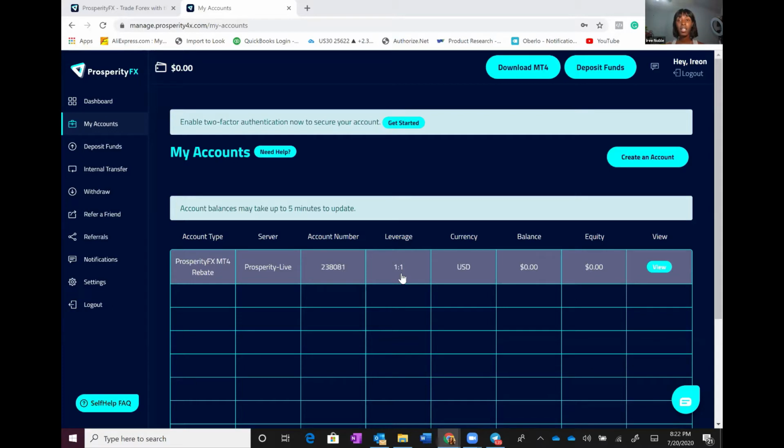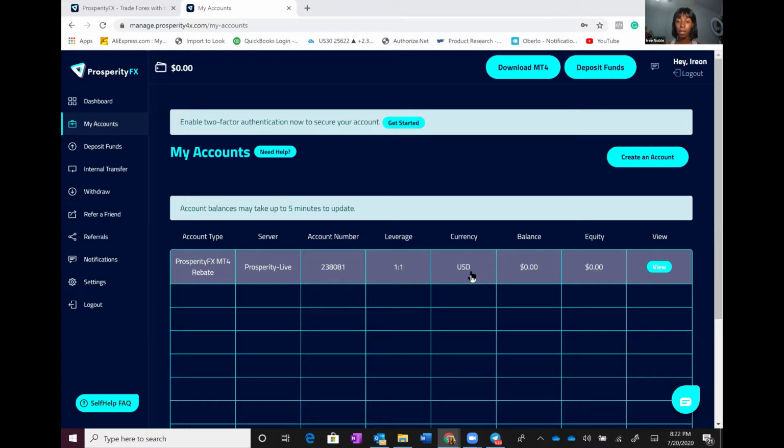So that's good, and really good, and kind of bad if you don't really know how to do risk management. But fortunately for you, we know how to do risk management. So I would suggest a 1 to 200 ratio, because that's what I started out with, and that's actually still what I use. And it's demo anyway, so we're going to be practicing until we're comfortable with getting a live account. So that's what leverage is.